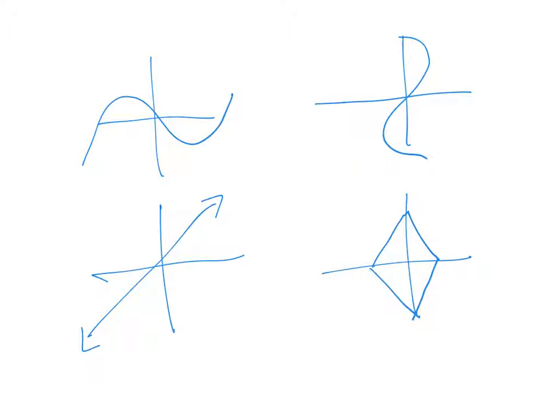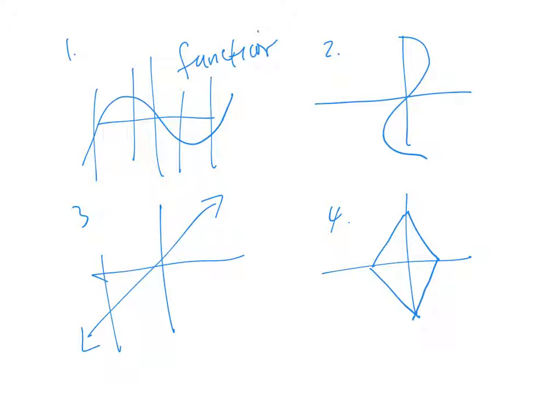Which ones are function? Let's do this as 1, 2, 3, and 4. Which ones are function? 1 and 3. 1 and 3 are, yes, function. Because here I can draw my vertical lines and I only hit 1 point. You see it? So they're both functions.